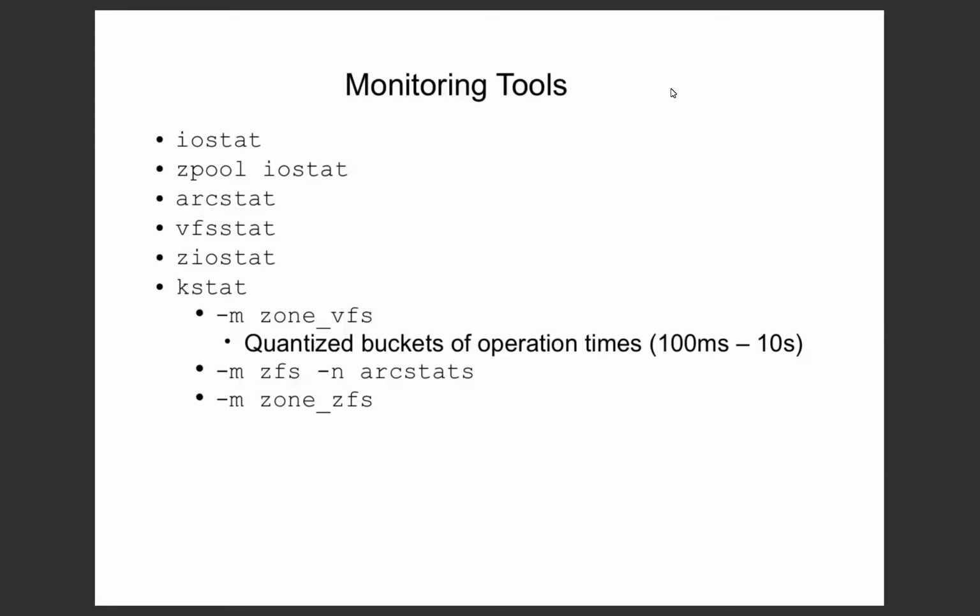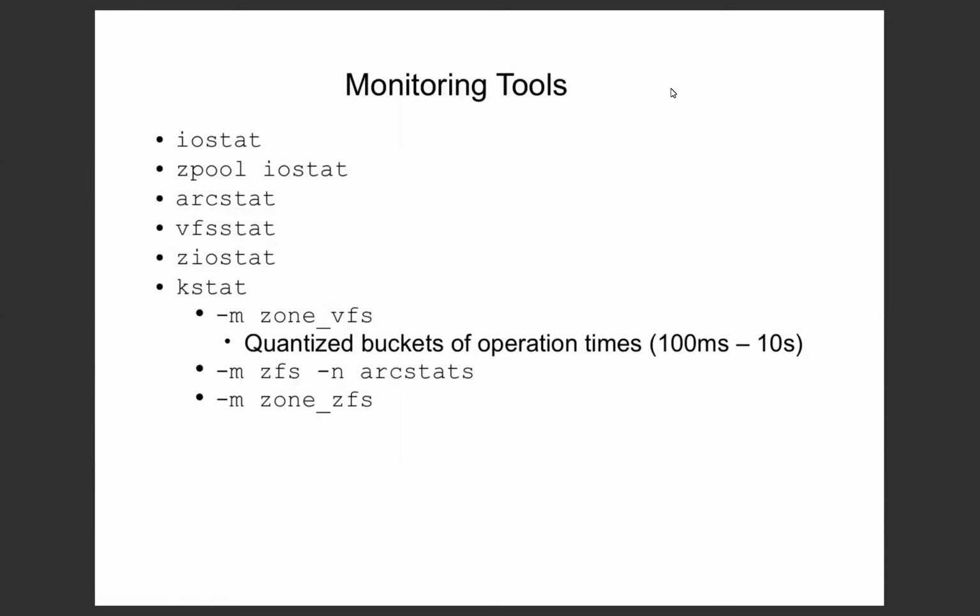Another one that's also Joyent specific is ziostat, and this one gives you the read operations more at the physical level. The reason it's only for reads is because, like I said, the writes go into a transaction group, which gets committed later. It's not really even possible to correlate those writes to a particular zone, because all the zones that are doing writes are going into the same transaction group on the file system, and they're all going to get committed out later.